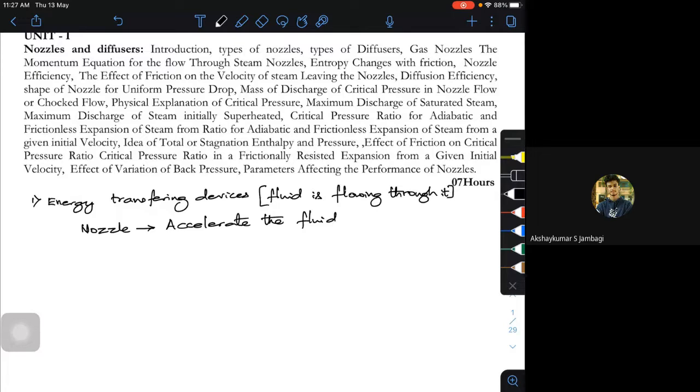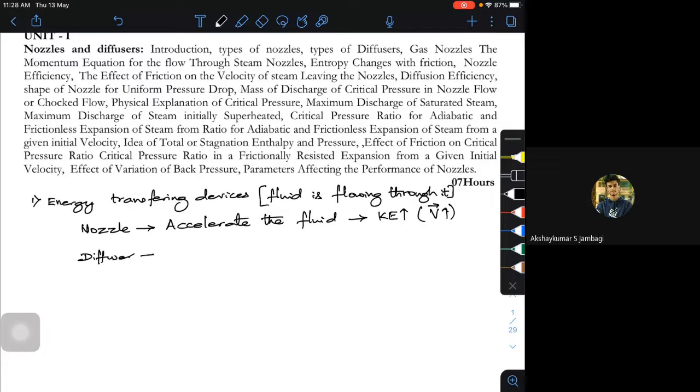That means there is an increase in my kinetic energy, that is, your velocity gets increased. The main objective of using a nozzle is to increase the kinetic energy when the fluid is flowing inside the nozzle.